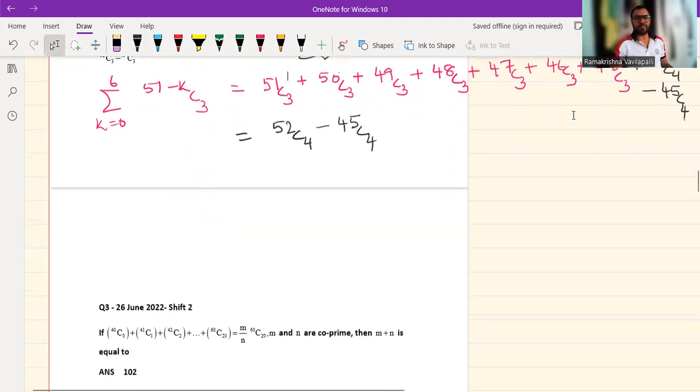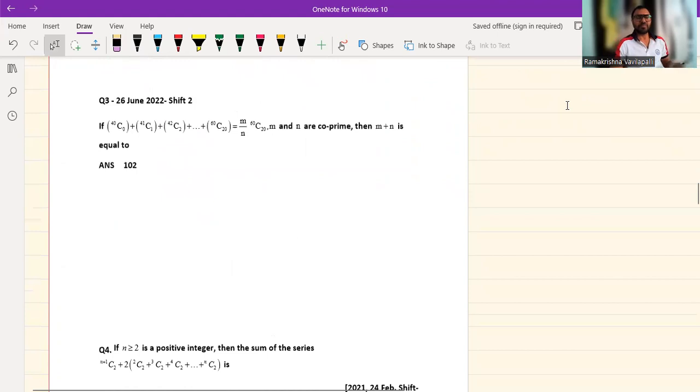Next question. Here given that 40C0 plus 41C1 plus 42C2 and so on plus 60C20 equal to m by n into 60C20. First of all, this 40C0 value is 1.